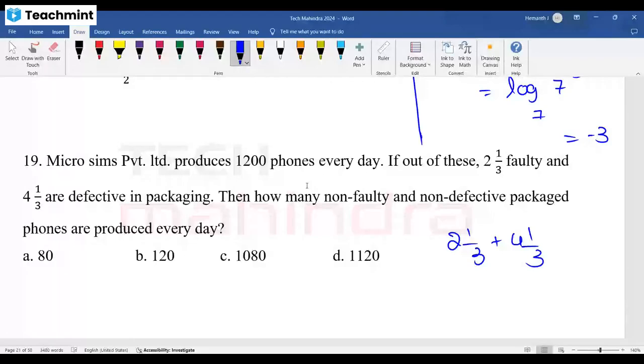How many are non-faulty or non-defective package? So we have to remove this defective one from that. It should give 1120. No, it should be near to the 1200 only. 7 decreased. So where things went wrong.